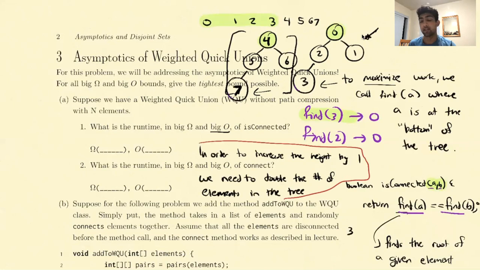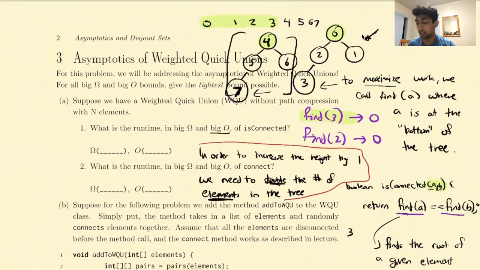Okay, so intuitively, we can reason that if it takes doubling the number of elements in the tree to increase the height by 1, the maximum height that we could possibly have in any weighted quick union connected component tree is going to be log n, right?